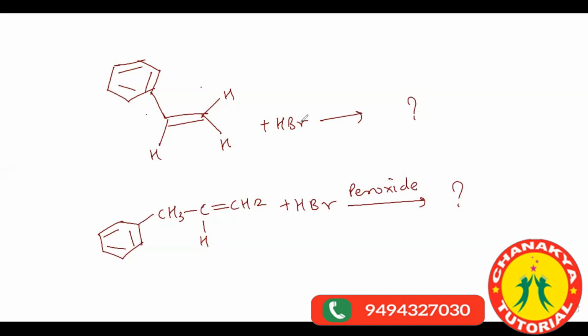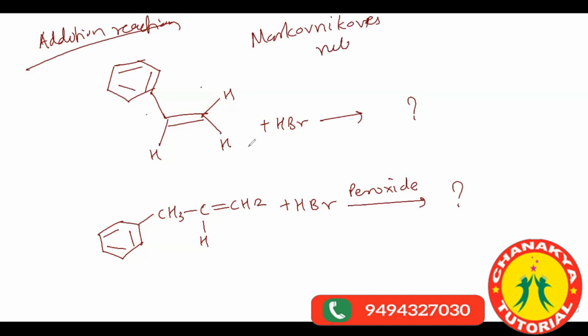This is an addition reaction, right? In an addition reaction, what happens according to Markovnikov's rule? Your halogen would prefer to go to the more substituted carbon, meaning it won't form a primary compound as the major product, it will form a secondary compound as the major product, correct?